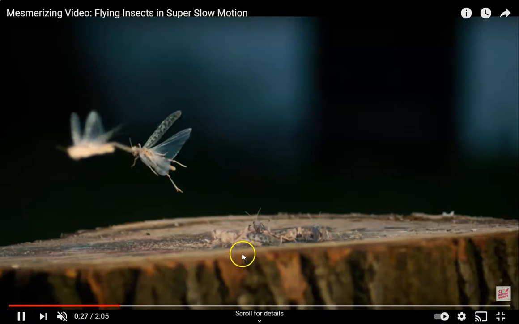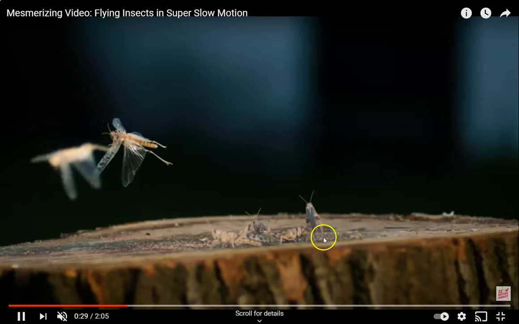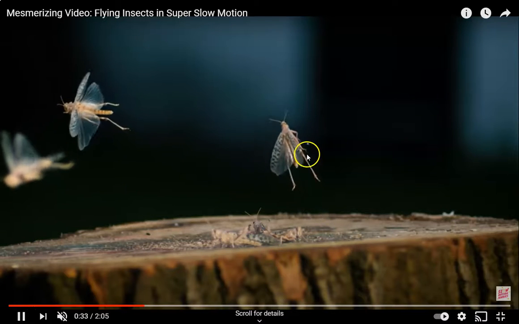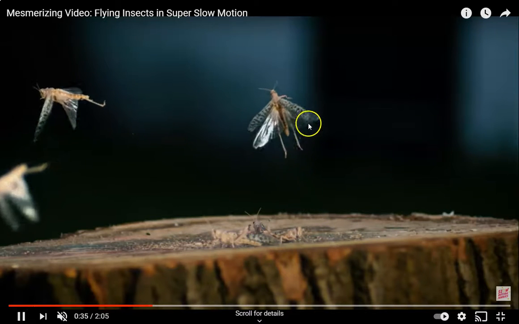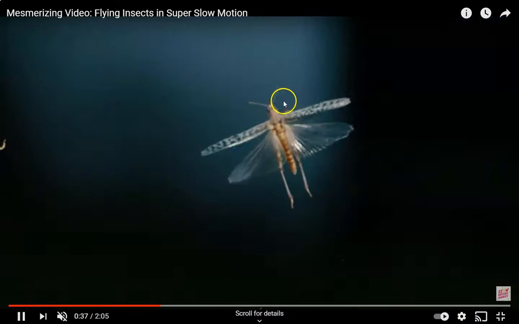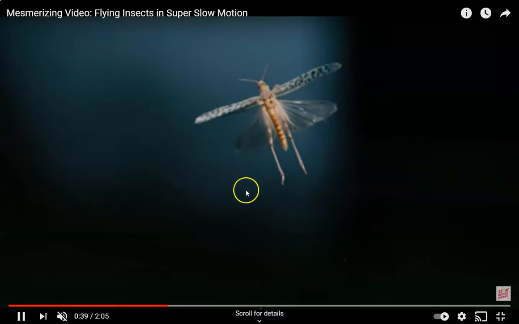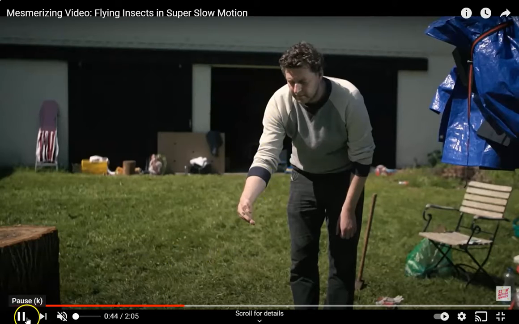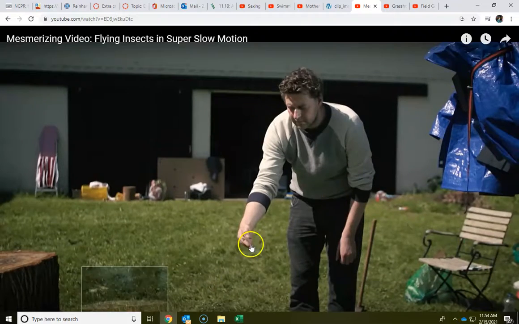I don't know if these guys jump. Yeah, watch this guy. Uses the legs, spreads his forewings, unfurls the hind wings, right, and takes to flight. Thorax, abdomen, head. Ovipositor.